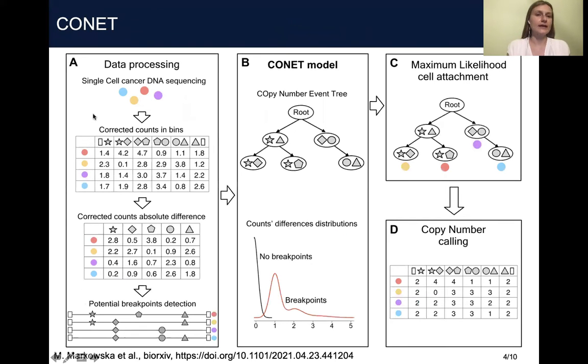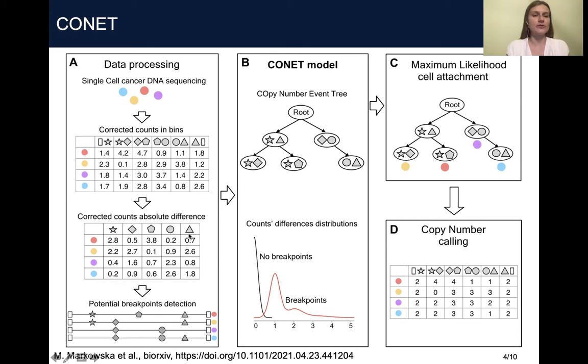In panel A, you can see a graphical illustration of the data preprocessing step. Colored circles mean single cells, and gray shapes mean genomic loci. First, we have the corrected counts data matrix. This is our per bin data, and genomic loci have a start locus and an end locus. This data is further transformed into the corrected counts absolute difference matrix.